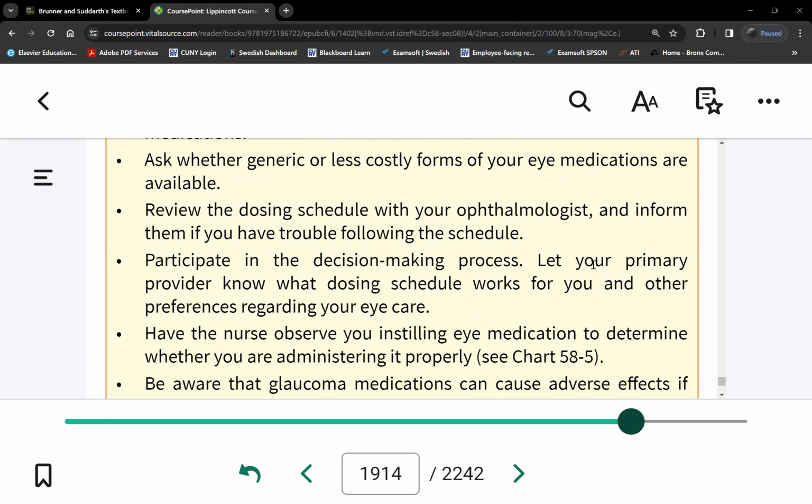Plus again, what would be a common reason for non-compliance here? So imagine yourself with glaucoma. What would be a challenge? Like you're doing this every single day for the rest of your life. Is it comfortable when you apply eye drops? What happens?